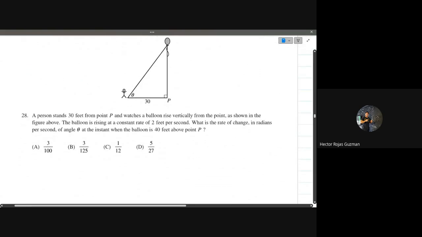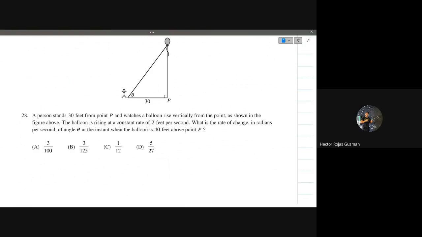Okay. 28. A person stands 30 feet from the point P, watches the balloon rise vertically. The balloon is rising at a constant rate of 2 feet per second. What is the rate of change in radians of the angle at the instant when the balloon is 40 feet above the point?